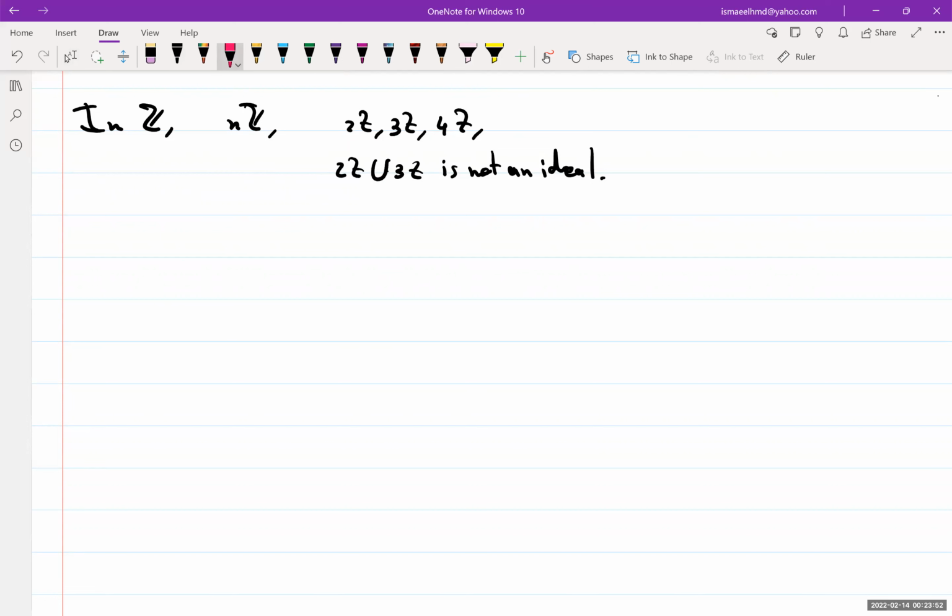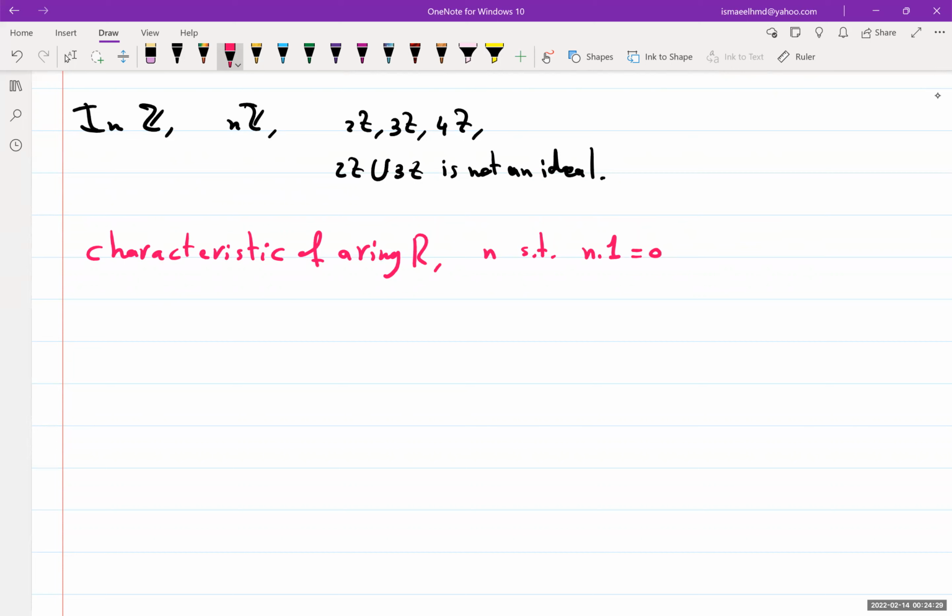Another term in ring theory is the characteristic, which is the largest non-negative integer n such that n·1 equals 0.